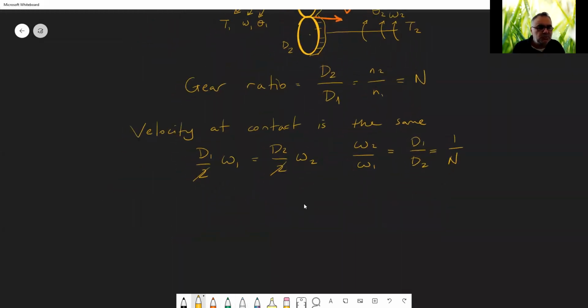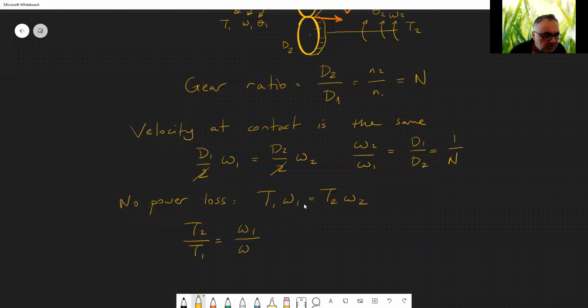And since we usually assume that there is no power loss, which is an assumption but usually approximately correct, T1 omega 1 equals T2 omega 2. This says that T2 over T1 is equal to omega 1 over omega 2, which is n.